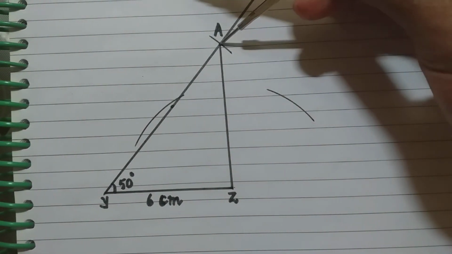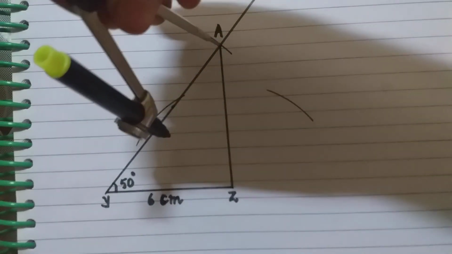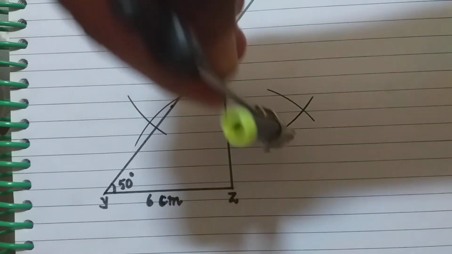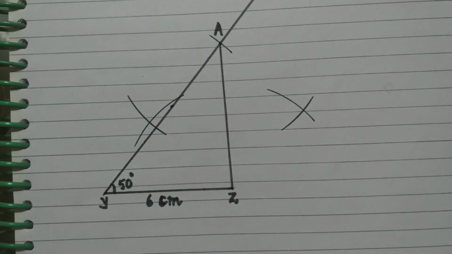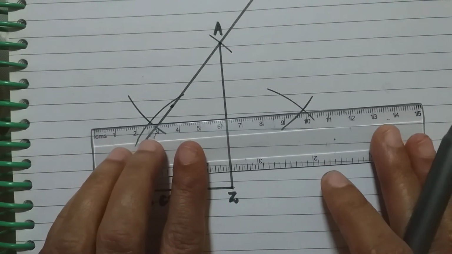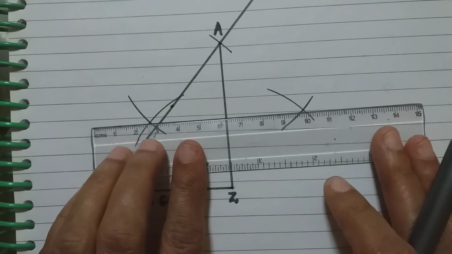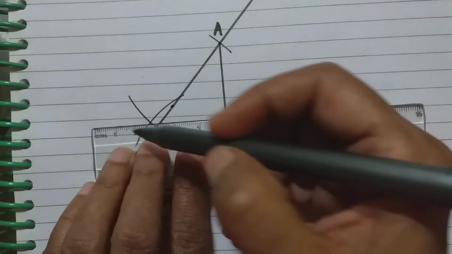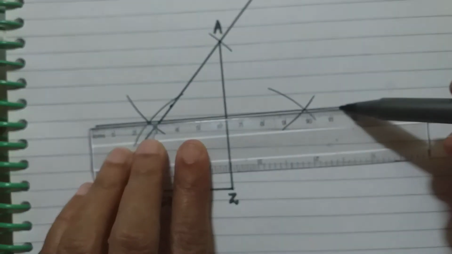Then from the point A also we do the same thing. We cut this arc here and also cut this arc here. Now we have to draw a line passing through the points of intersections of these arcs. So we are drawing this line, which is nothing but the perpendicular bisector of the side AZ.